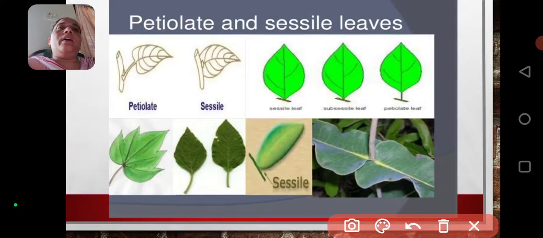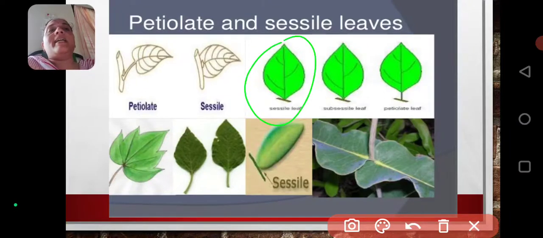In the taxonomic families, if someone gives you a twig and asks if this is sessile or petiolate, just observe the leaf attachment to the stem and say this is a sessile leaf or this is a petiolate leaf. So this is sessile, this is subsessile and this is petiolate.